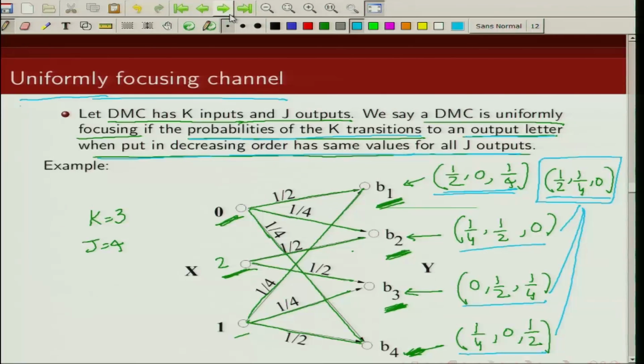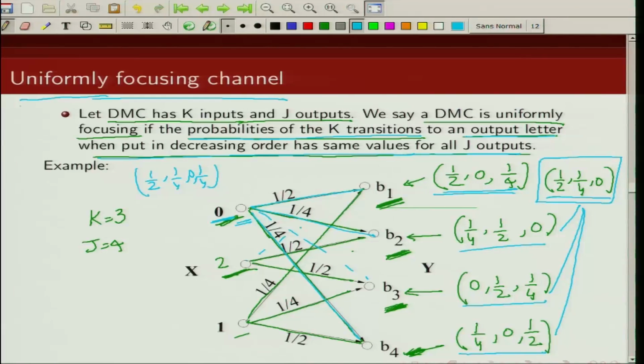Similarly, look at this example. Is this a uniformly dispersive channel? For a uniformly dispersive channel, we need to look at the transition probabilities leaving each input. For input 0, these transition probabilities are half, 1 by 4, 1 by 4. For this one, they are half, 1 by 4, 0, and 1 by 4.